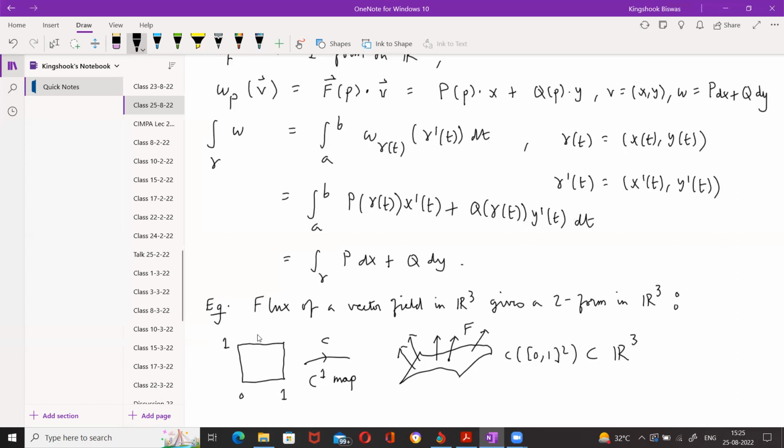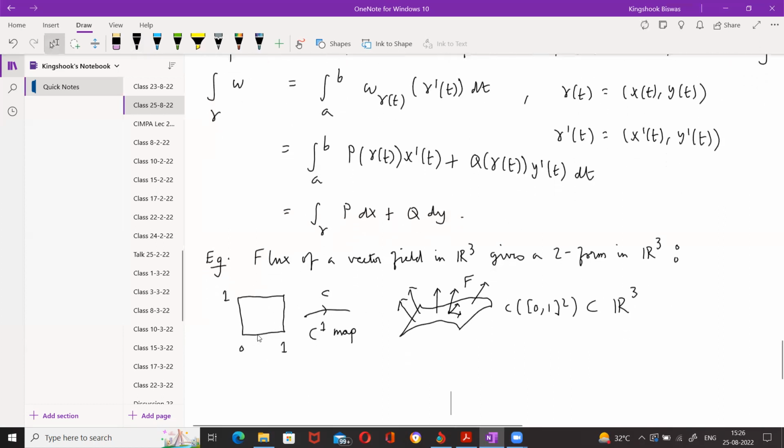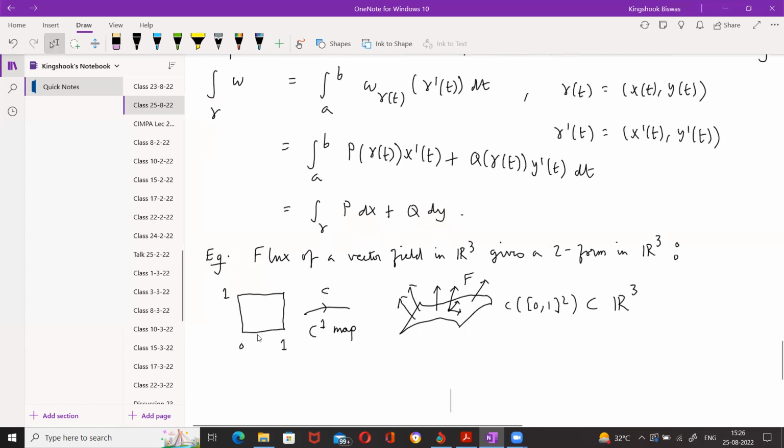And how do you get the normal vector to the surface? You take tangent vectors to the surface, take their cross product and then take the dot product with F, right? Yes. Okay.